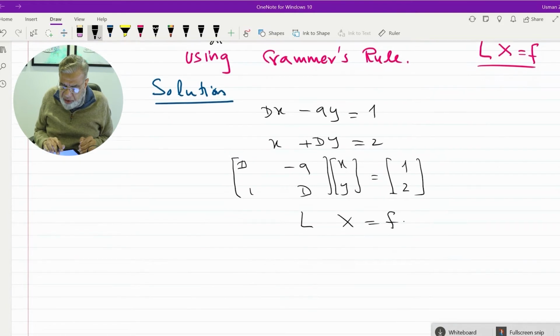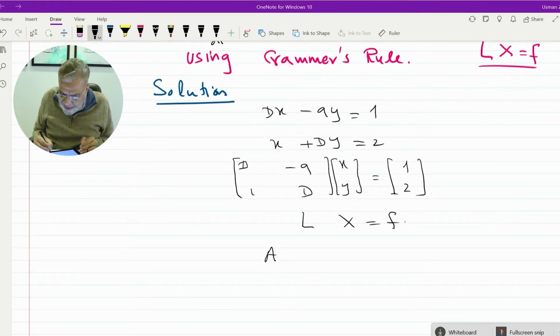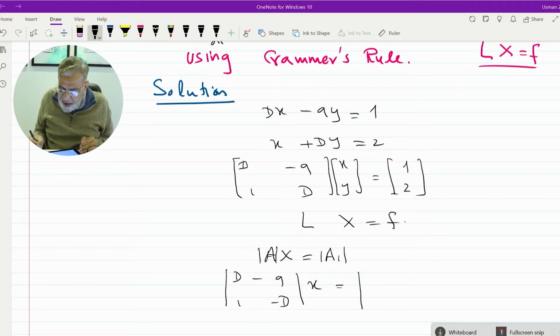Now I use the Cramer rule. The Cramer rule is x is equal to determinant of A1 over determinant of A. So I have A as D, minus 9, 1, D, and for x I replace the first column by the constants. My constants are 1, 2.